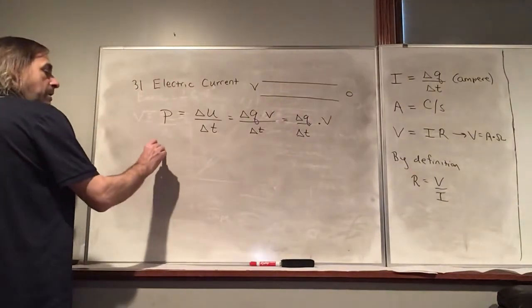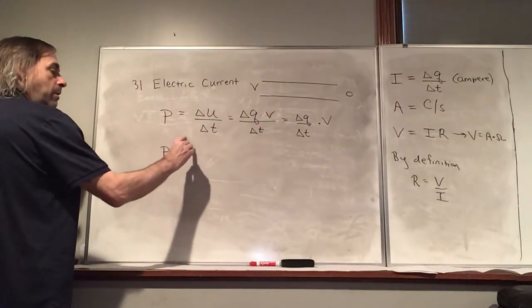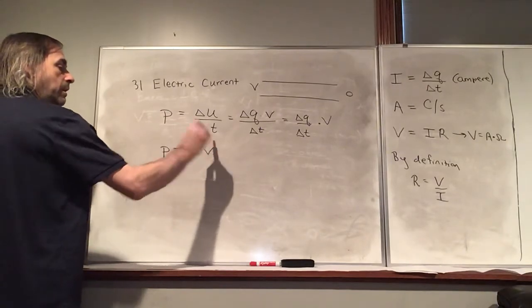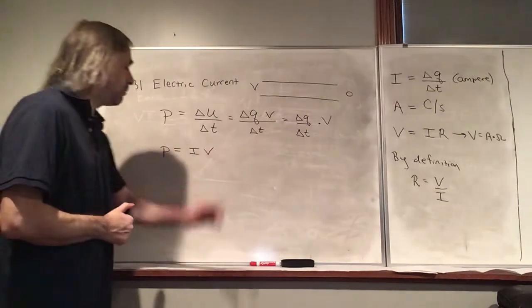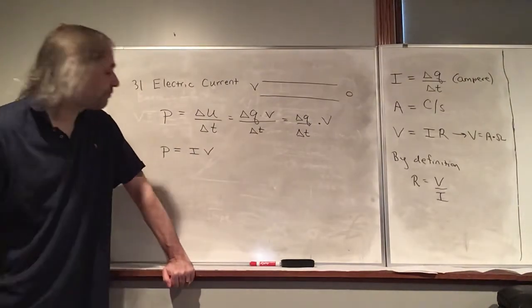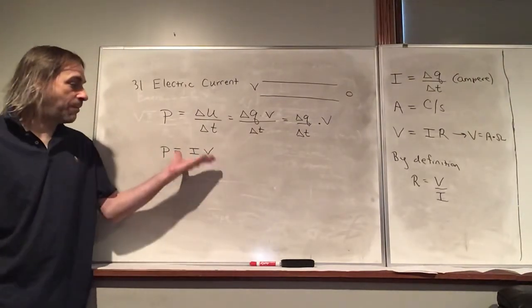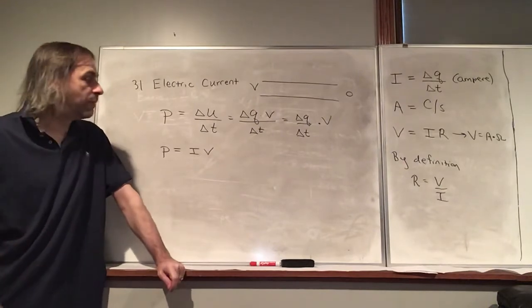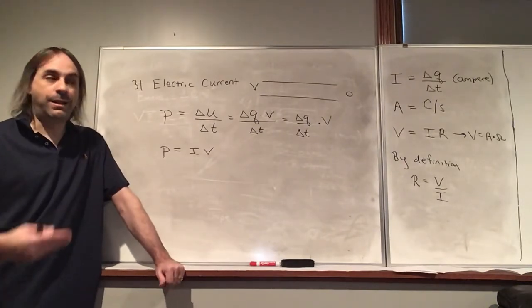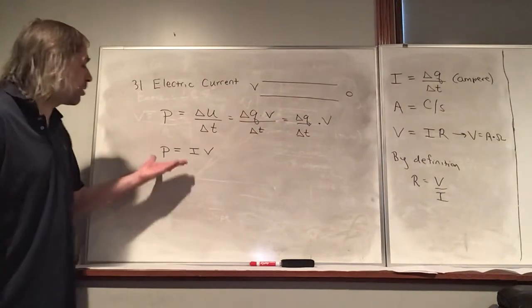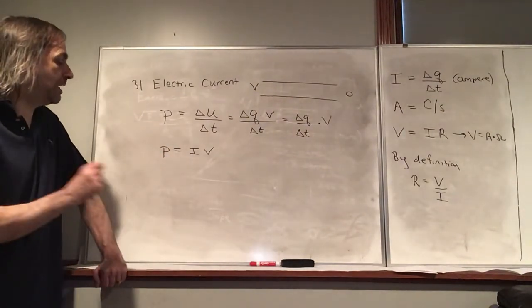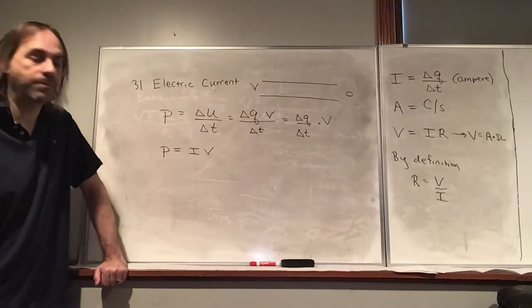So the power delivered by a current is the current times the voltage. P equals IV. This is important because it's the whole point of electricity: it carries energy from one place to another. So a very important result here: power is current times voltage.